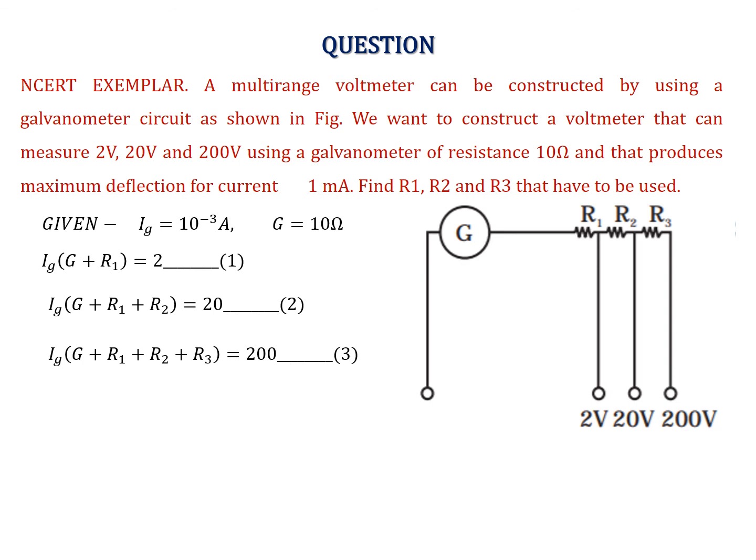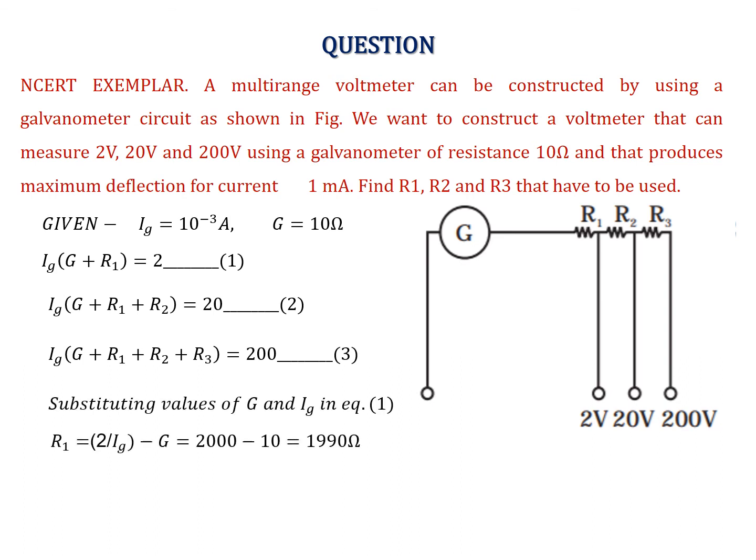In the first equation, when we substitute the value of Ig and G, the result is R1 is equals to 2000 minus 10, that is 1990 ohms. So substituting value of Ig and G in equation 1, we get the value of R1.